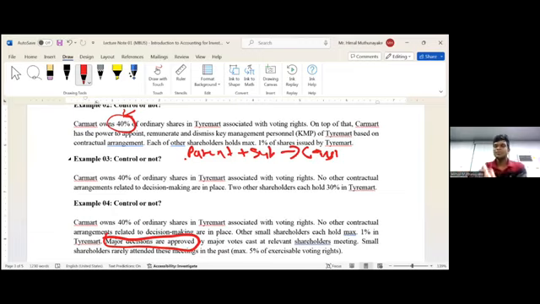Major decisions are approved by the major votes, and that question is also providing some insight that other small shareholders each hold a maximum of 1% in Tire Mart, and also some of the small shareholders are not attending the meetings, right?